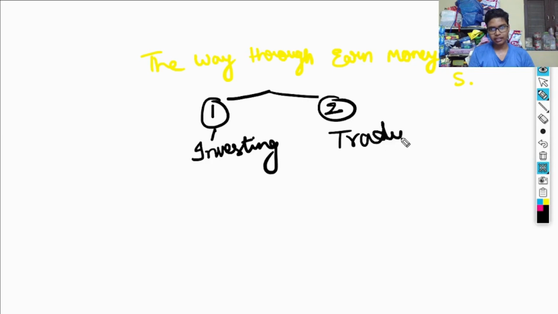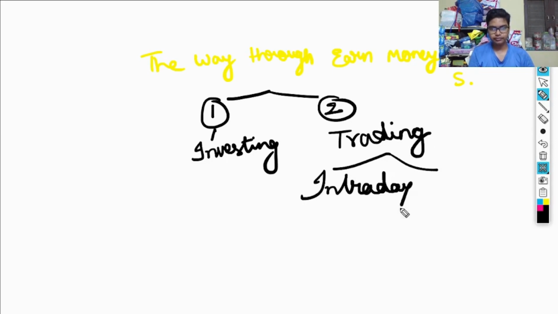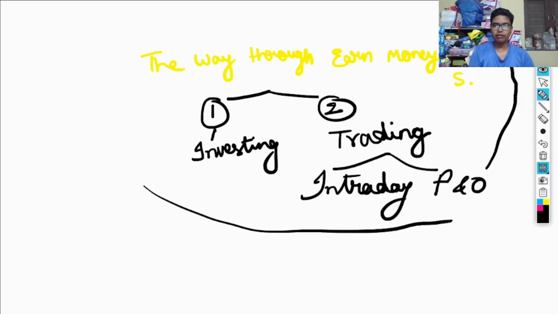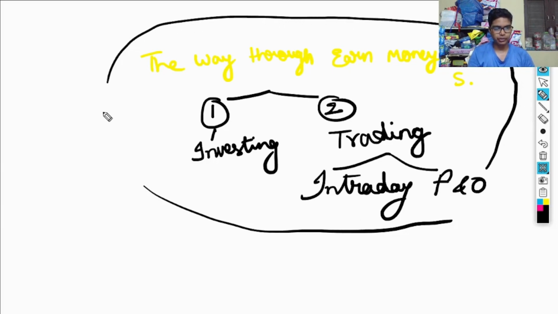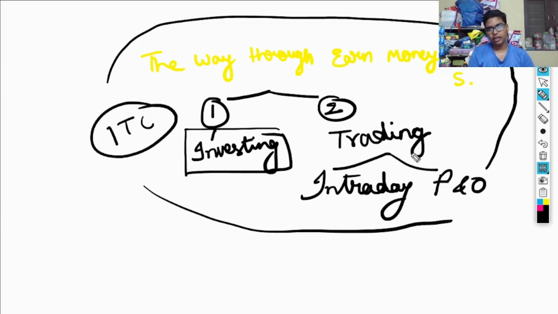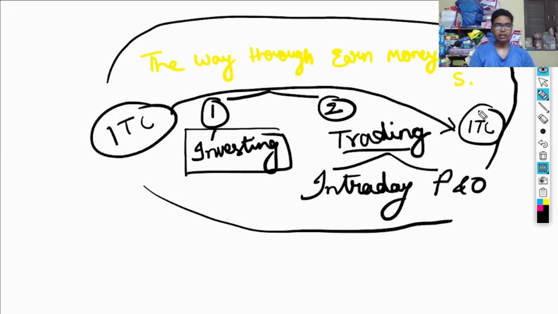And we further divided the trading into two subparts: one is intraday and another one is futures and options, F&O. While explaining investing, we took the example of ITC, and while taking intraday also, we used the ITC example in order to understand it in a better manner.